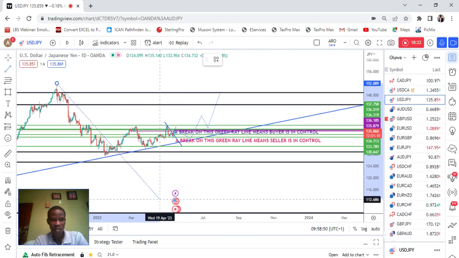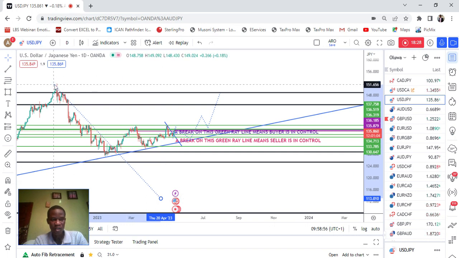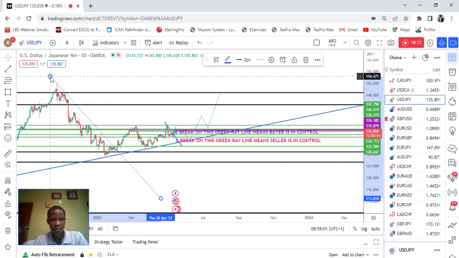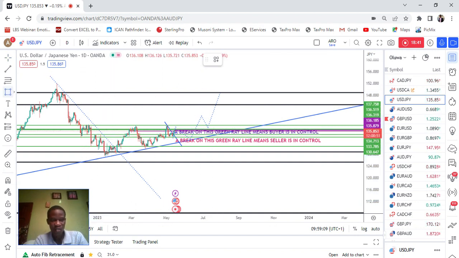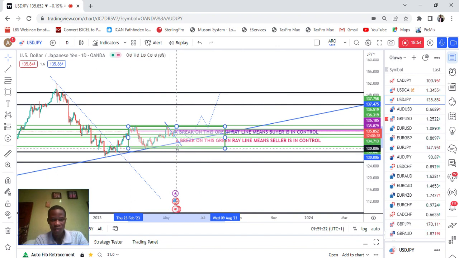You can see the market has already broken out of that trend, and since then, the market has been ranging. Since it broke out of it, it is still ranging, creating a range. You can see from here, the market is creating a range.